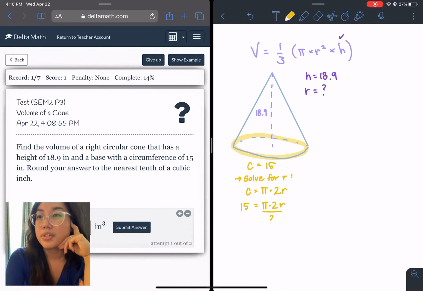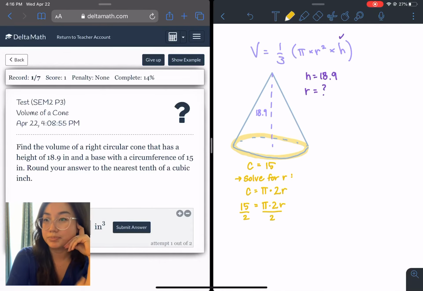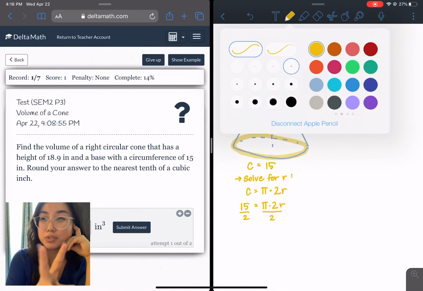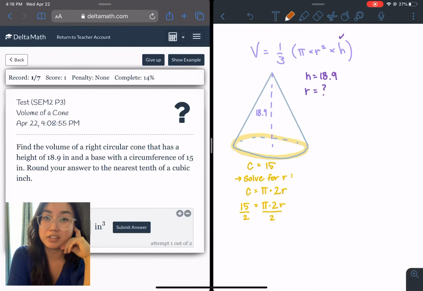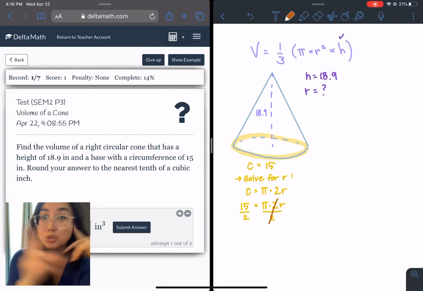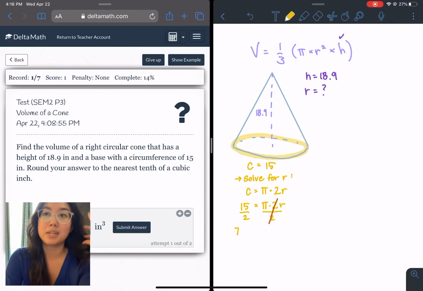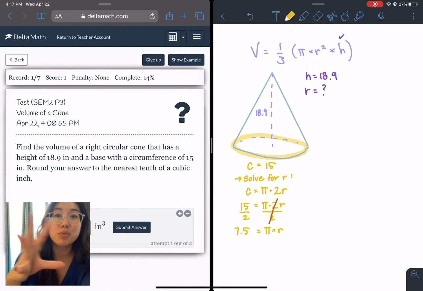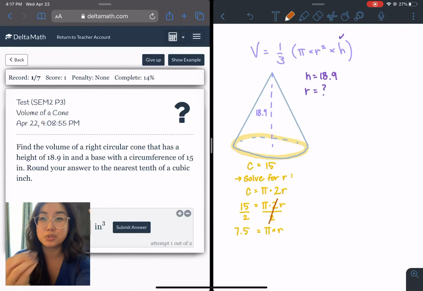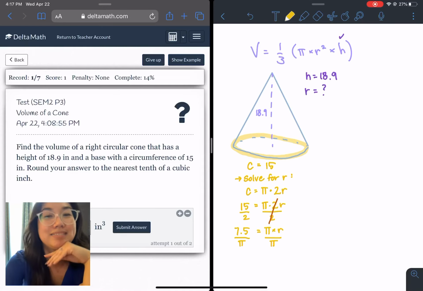And now the steps that we take here, I'm just going to get rid of those factors individually. The first thing I'm going to cancel out is the 2's. So I divide each side by 2. So I end up with 7.5 is equal to pi times r. And now I want to get r by itself. So to do that, we're going to divide both sides by, you guessed it, pi.